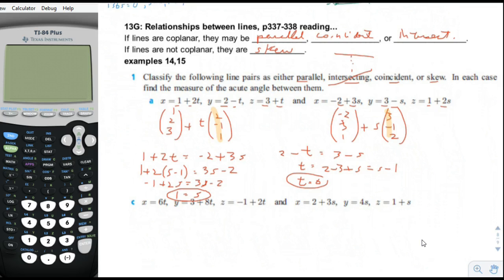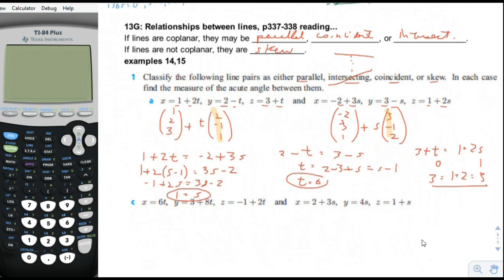Now does that work for z? Z would be 3 plus t equals 1 plus 2s. Then we substitute in t equals 0 and s equals 1 and see if those equal each other. 3 equals 1 plus 2 equals 3.